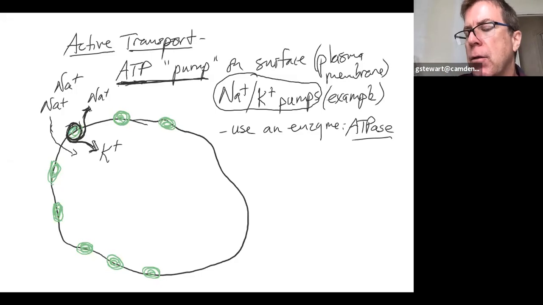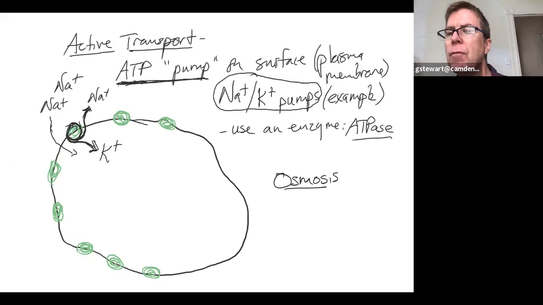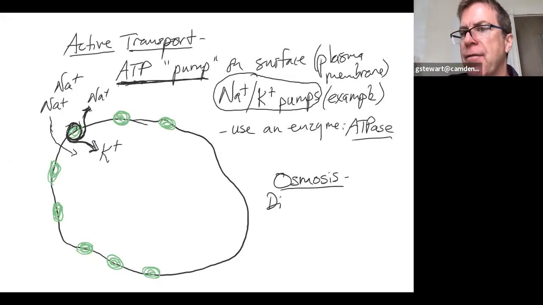Okay, so let's talk about, I'm not going in perfect order here of your textbook. I just looked down and saw the topic osmosis. This is just the diffusion of water. Here's a definition of it. Diffusion of, I'm going to say water.